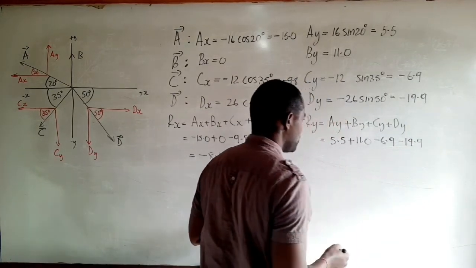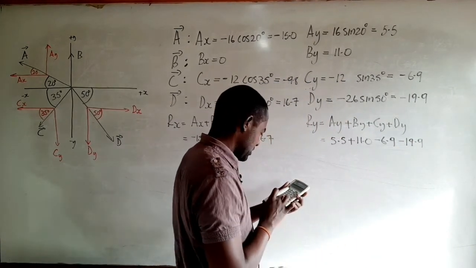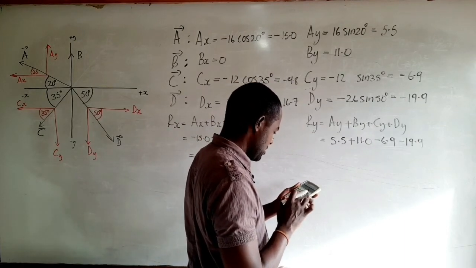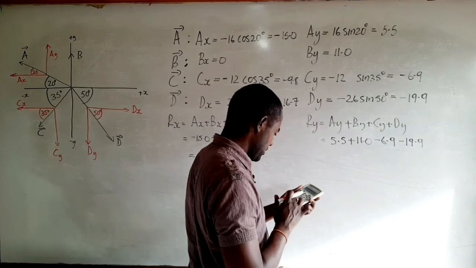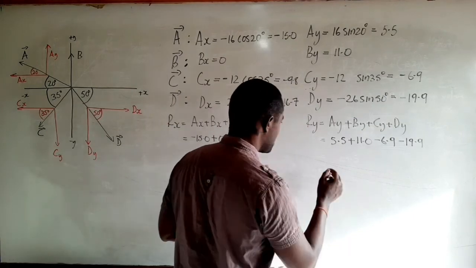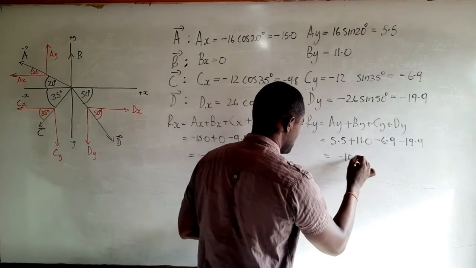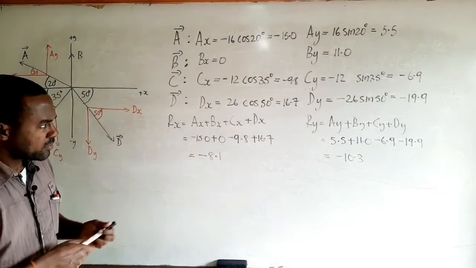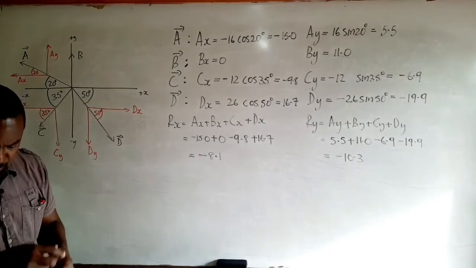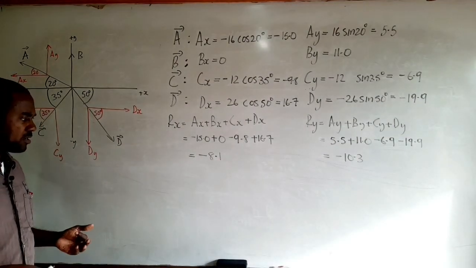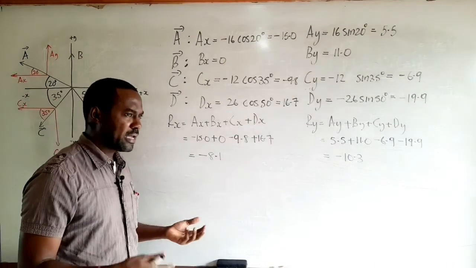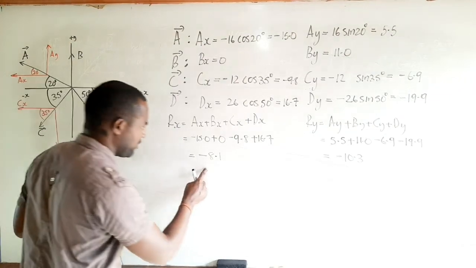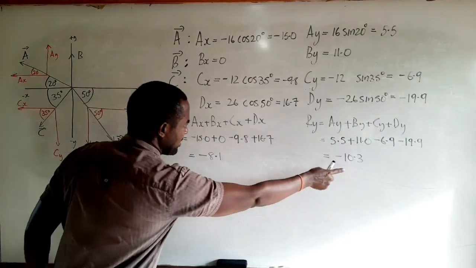So we have 16.5 minus 6.9 minus 19.9. And this gives us minus 10.3. So now that we've expressed our components in terms of a single x and a single y component, we'll then represent them using a pair of x and y axes, and then we'll add them using Pythagoras' theorem. So minus 8.1, which is the negative x direction, minus 10.3, negative y direction.